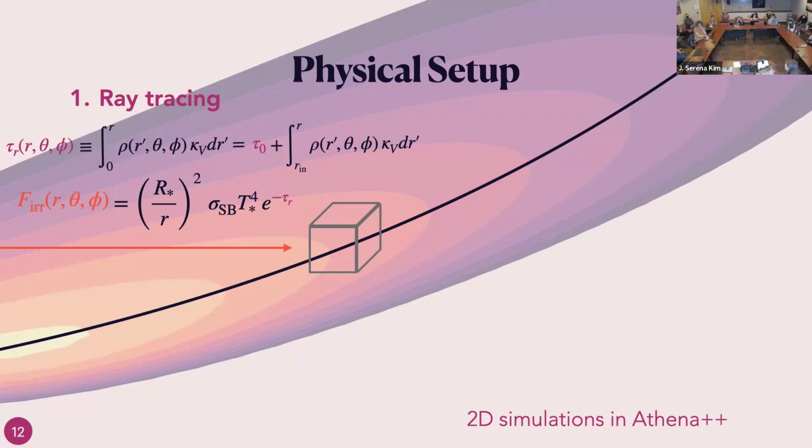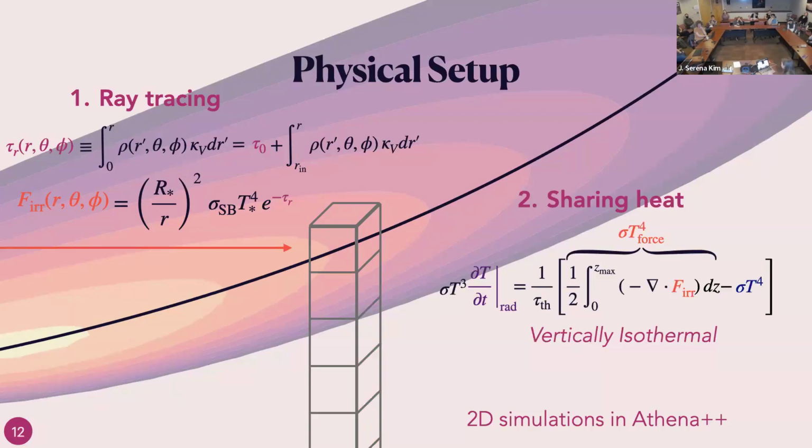The next step is dispensing the heat. The first thing we do is vertically integrate these contours to get a sense of how much energy is being deposited per column of cells.